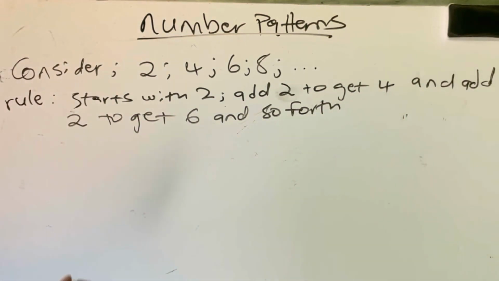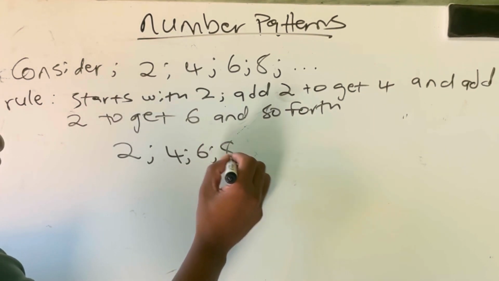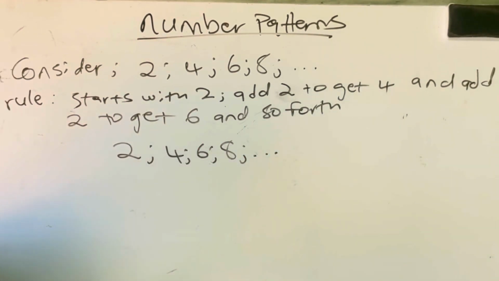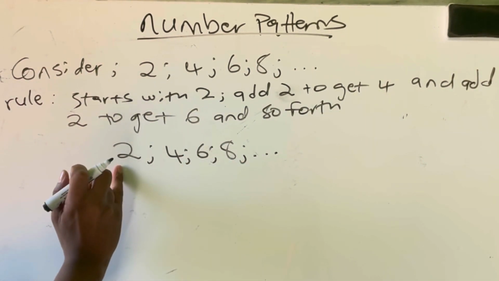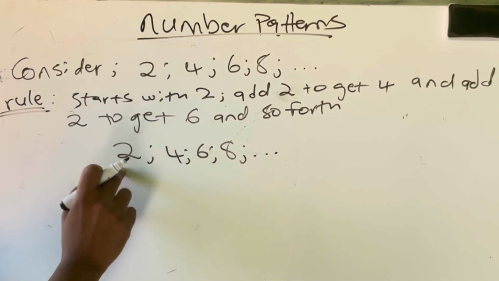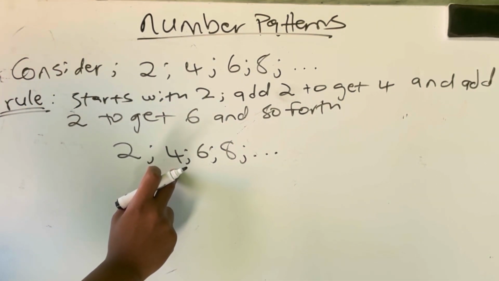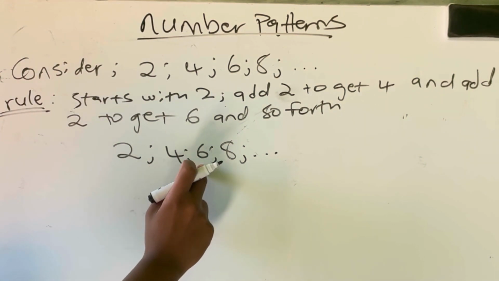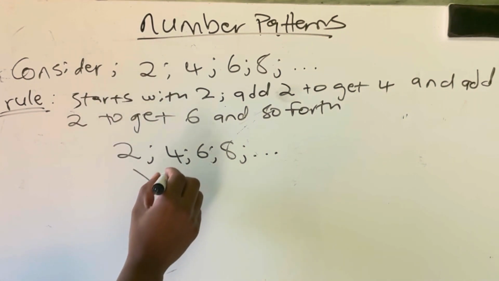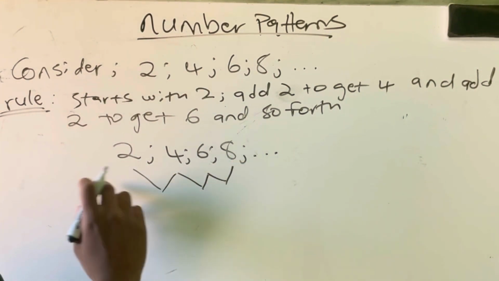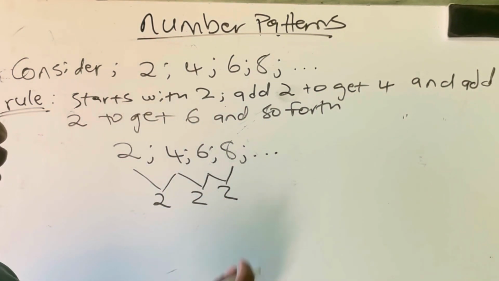Okay, so seeing that you have 2, 4, 6, 8, and it continues. So this is the rule: starts with 2, you add 2 to get 4, you add 2 to get 6, you add 2 to get 8. So that means this pattern is progressing by 2, right?